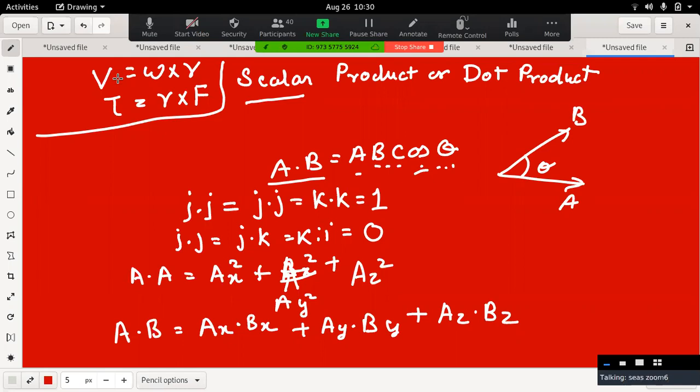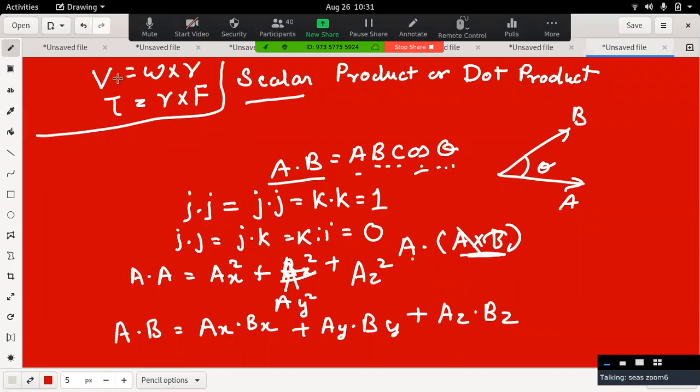And also the dot product of two perpendicular vectors is 0. So whenever the angle theta between A and B is 90, then A dot B will become 0. So what will A dot (A cross B) be? See, A cross B is a vector which is perpendicular to the plane of A and B. So this A cross B will be a vector, which is again perpendicular to A and B both.